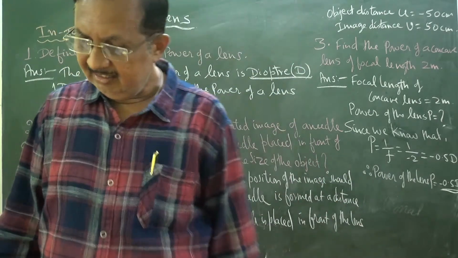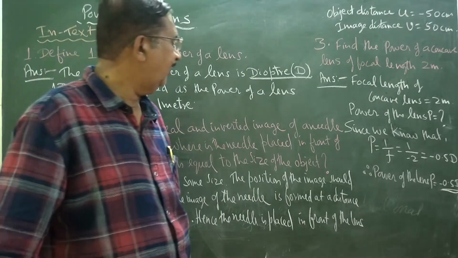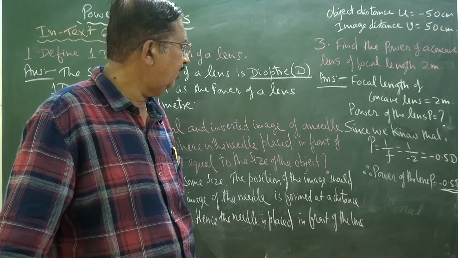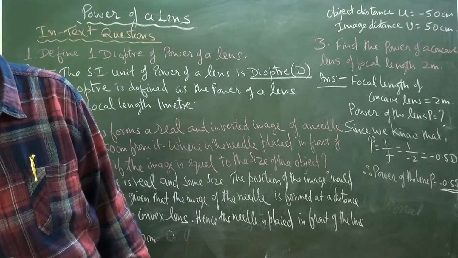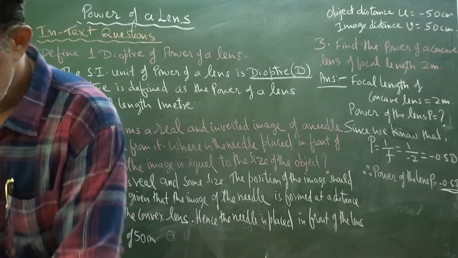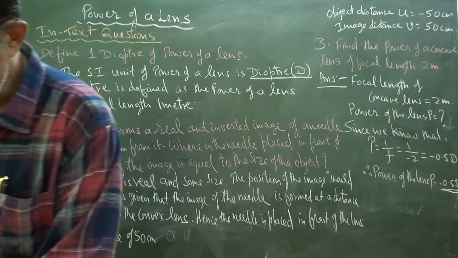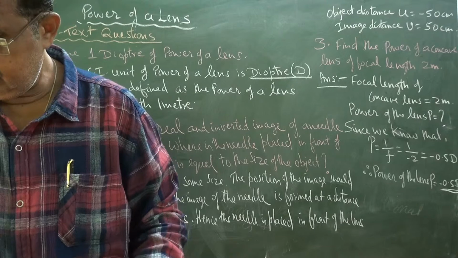Okay, children. So like this, it is possible for us to calculate the problems which are given on power of a lens. Now this is the end of this chapter.